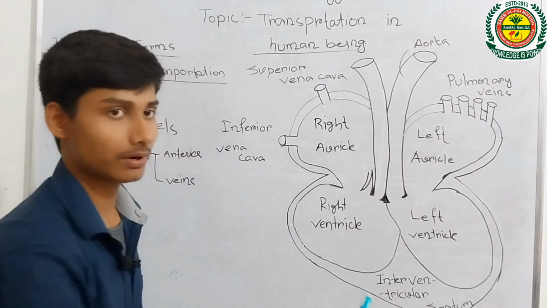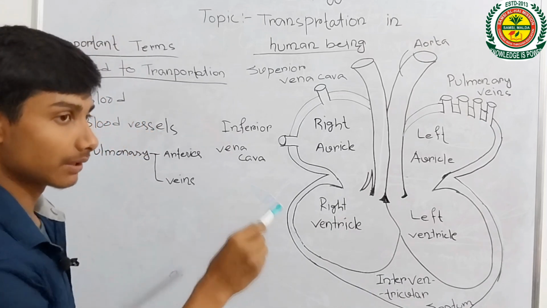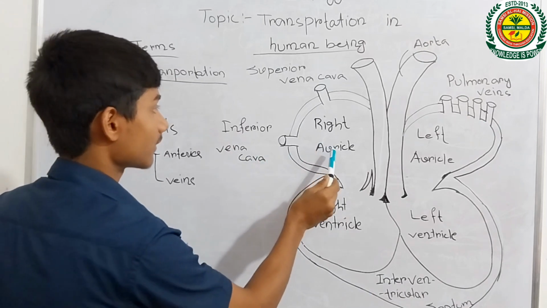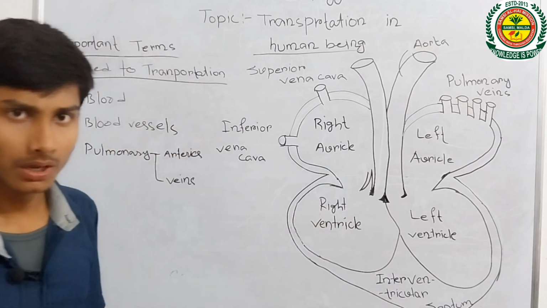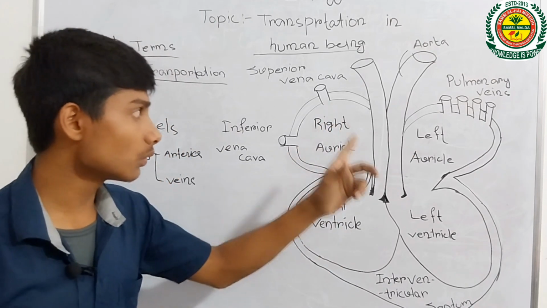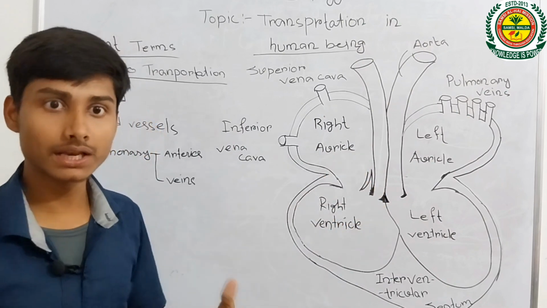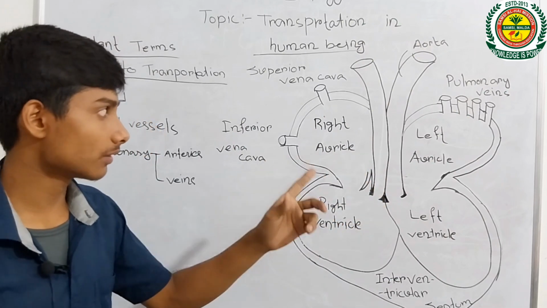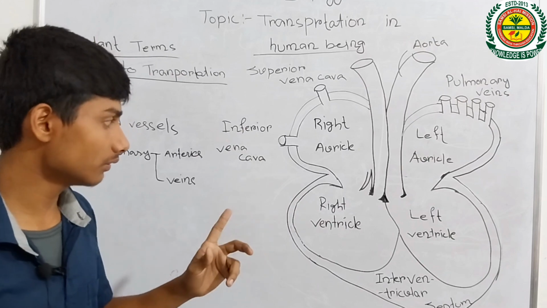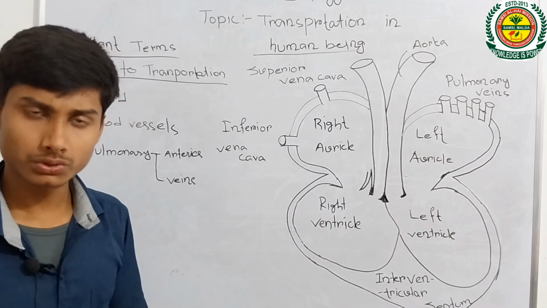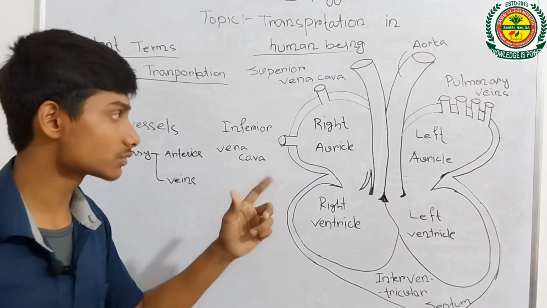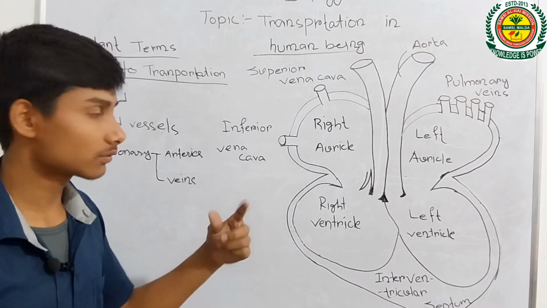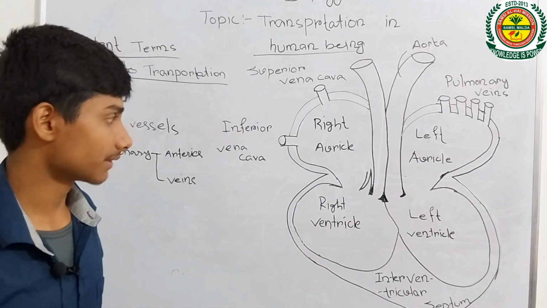After that it goes to different parts of the body, and then the deoxygenated blood goes to the right auricle, and from the right auricle to the right ventricle. As we can see, the blood goes twice through our heart. It goes through the left side and then the right side. As the blood enters twice in our heart, this circulation is known as double circulation.